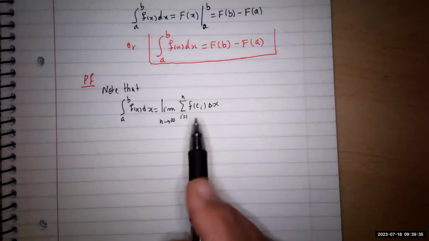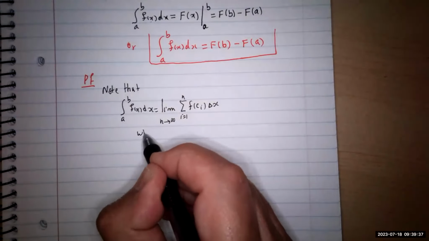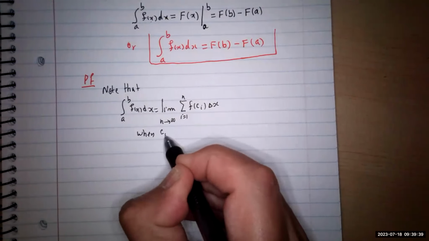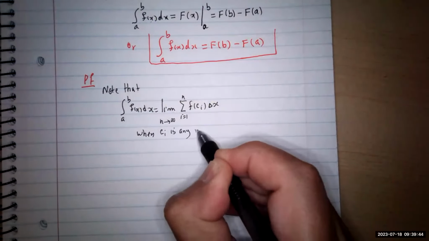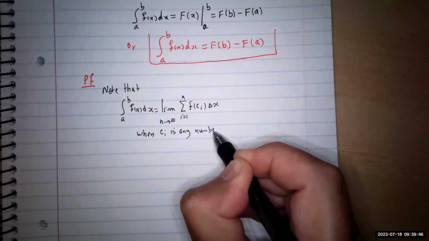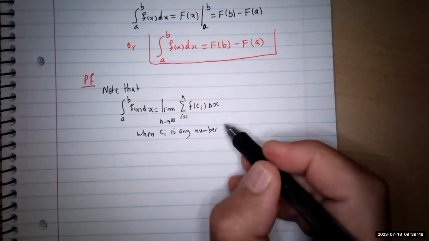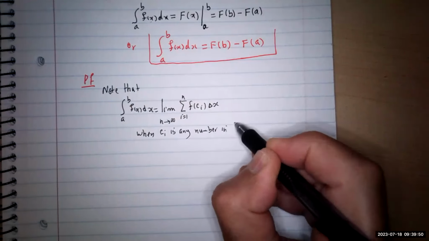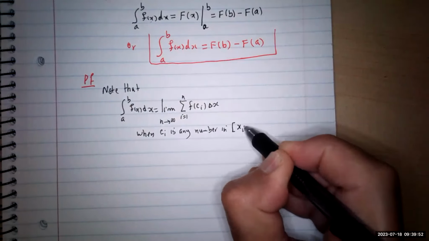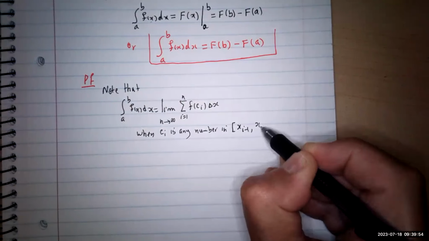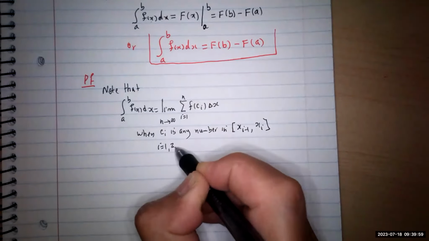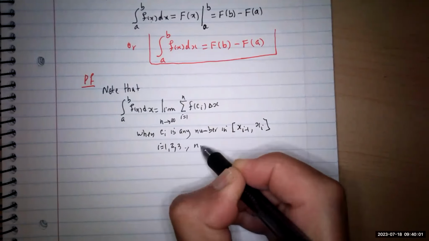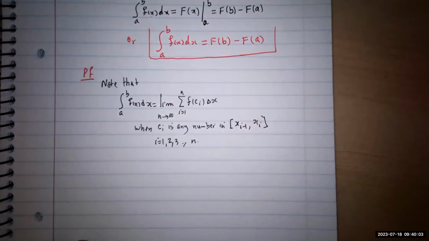And you know that ci is any number in the interval from x sub i minus 1 to x sub i, for i equal to 1, 2, 3, up to n. That's the formula for the definite integral.